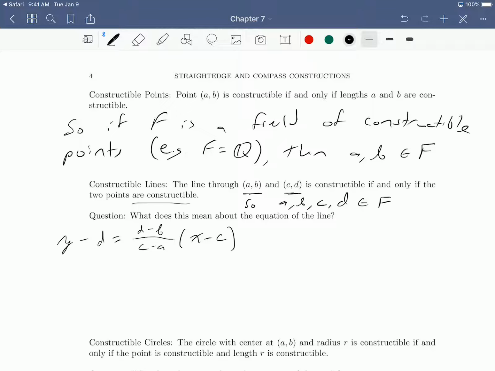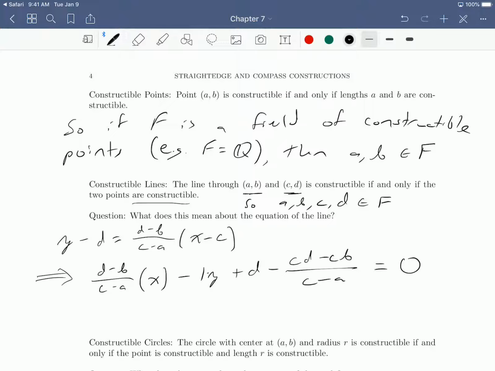If we rearrange it so that it's set equal to 0 on one side, we get (d minus b) over (c minus a) times x, minus 1y, plus d minus c(d minus b) over (c minus a), equals 0. This is just solving all to one side and equal to 0 on the other side.